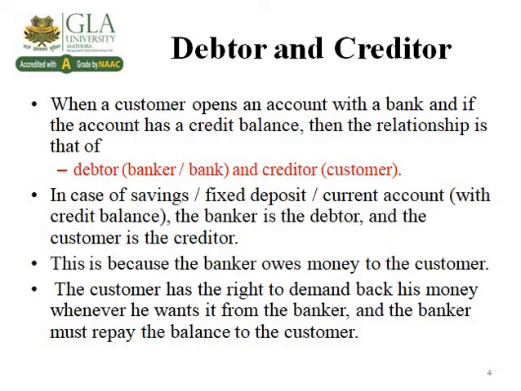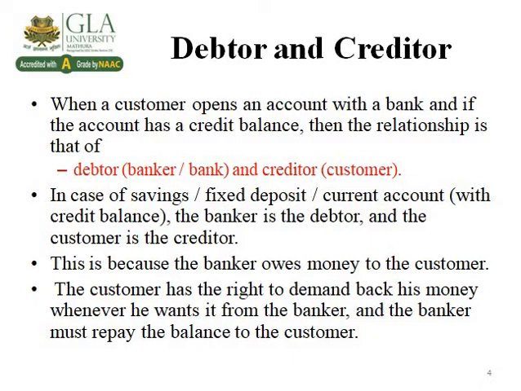Whenever a customer has a credit balance, the customer will look into his balance sheet that this is my cash in hand, and whatever the amount is with the bank, that will be on the asset side, which means cash at bank. Cash at bank means we are having an asset, so we take it into the asset side.